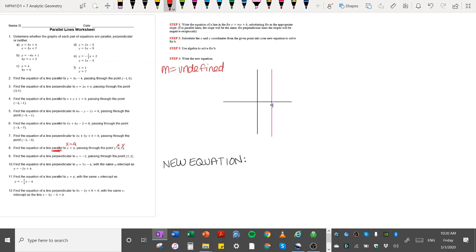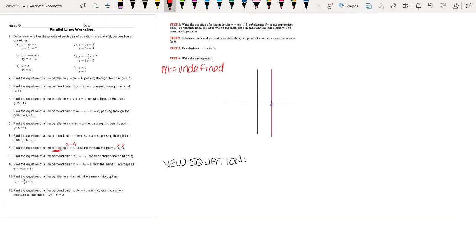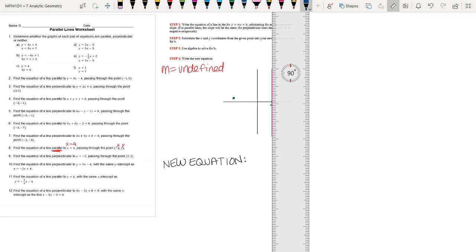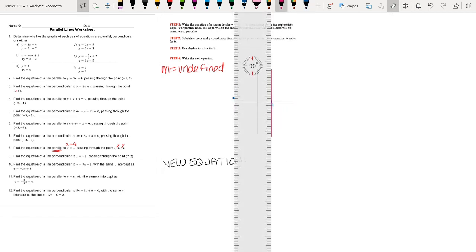Now this vertical line goes through the point -6, 1, and if we were to make a kind of educated guess as to where it would be, around here, let's say. And we know that the line that's going to go through it has to be vertical, so very easily we could draw it like this.